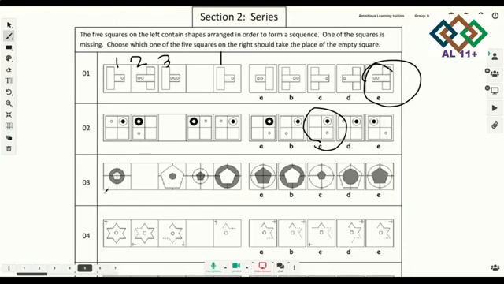So what do you think the answer is now? Obviously the answer would be E for this one, because the shapes go small, medium, large, and this is how you find it. So let's move on to number 4 now.